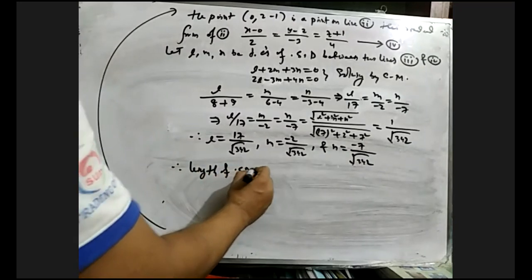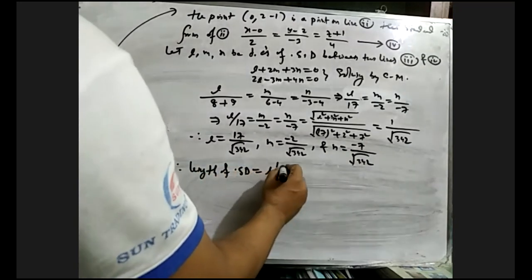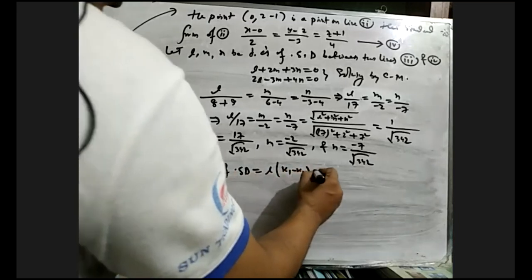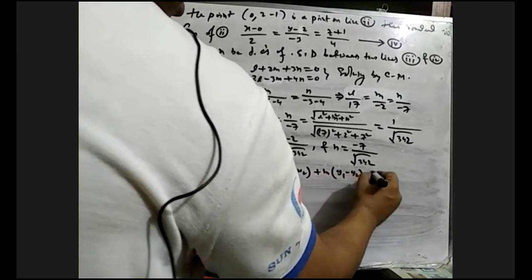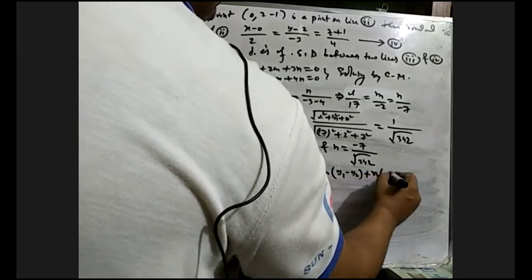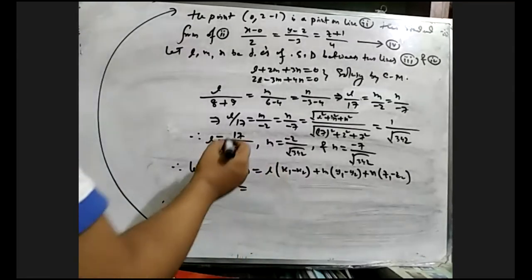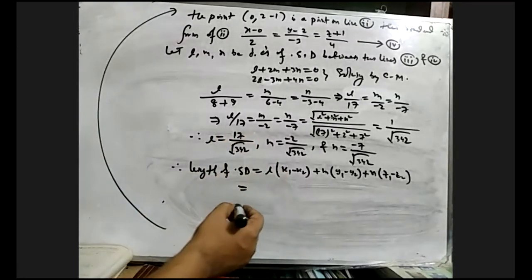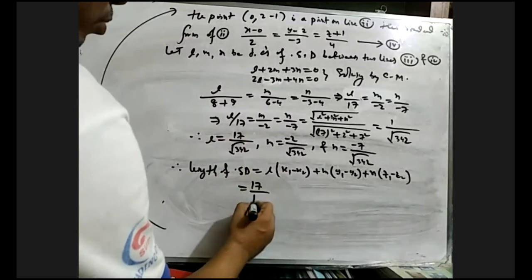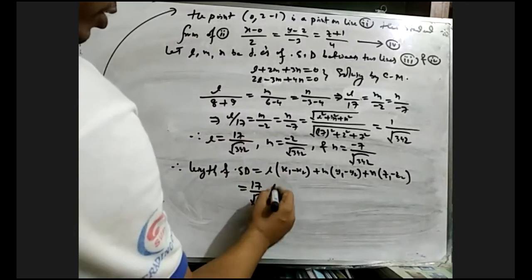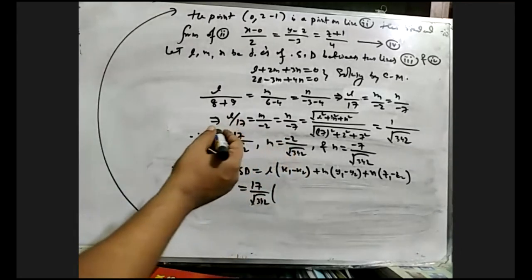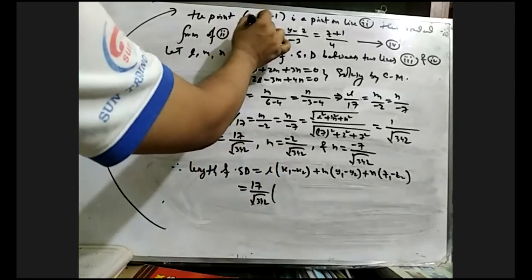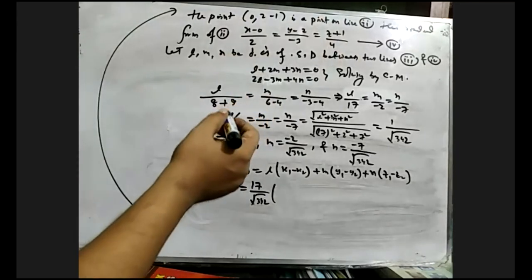Now the length of the shortest distance. What was the formula? L into x1 minus x2 plus M into y1 minus y2 plus N into z1 minus z2. So L equals 17 divided by root over 342, and x1 and x2 are the points in line 2 and line 1.